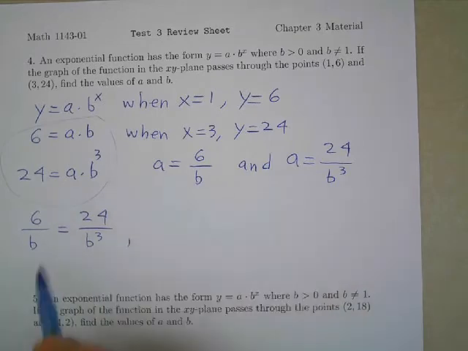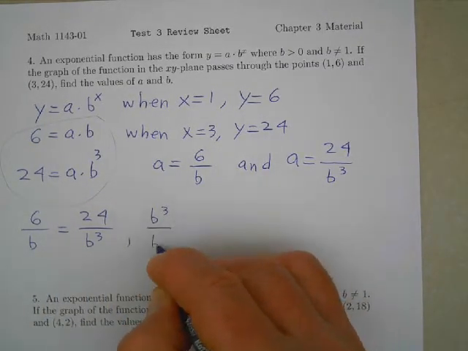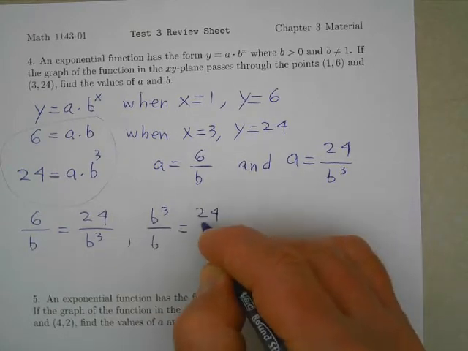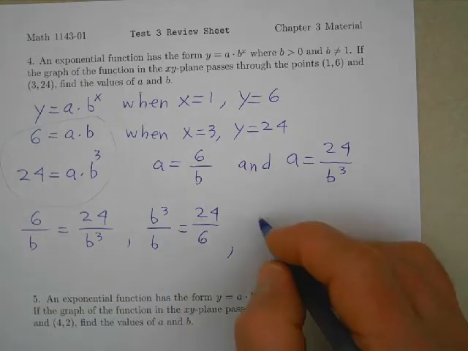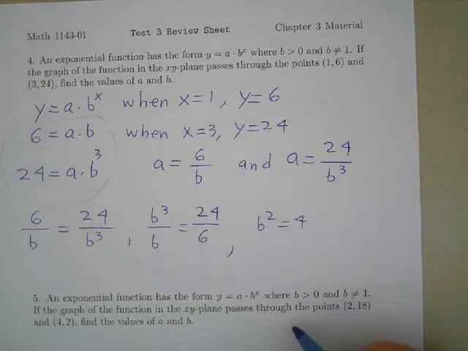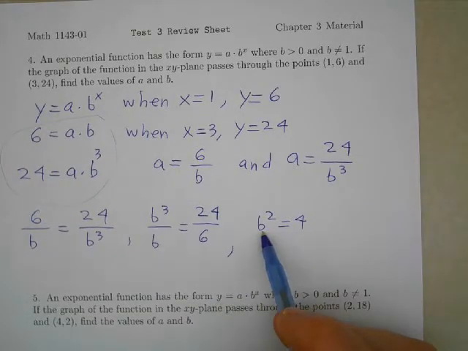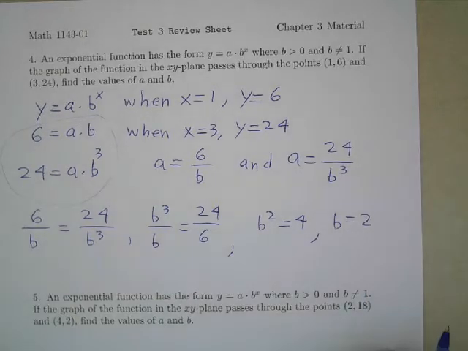This equation is equivalent to b to the third over b equals 24 over 6. b to the third over b is b to the second, and 24 divided by 6 is 4. And since b has to be a positive number, b is positive 2.